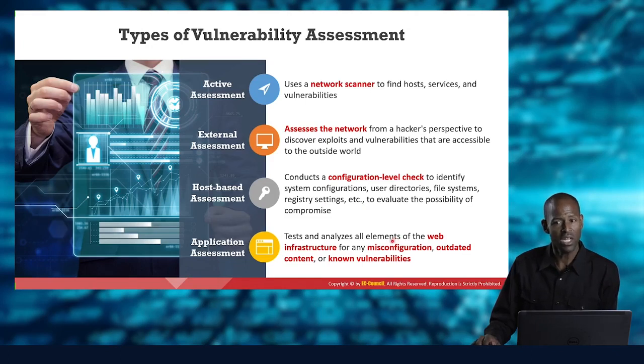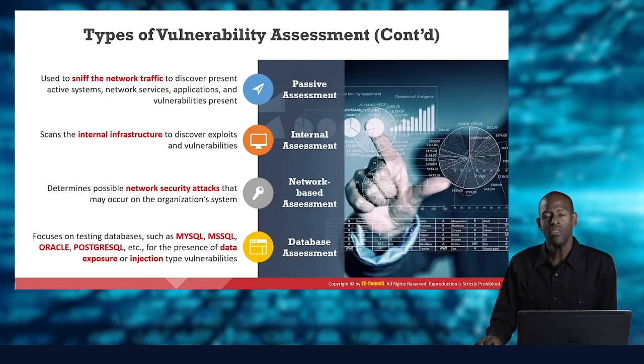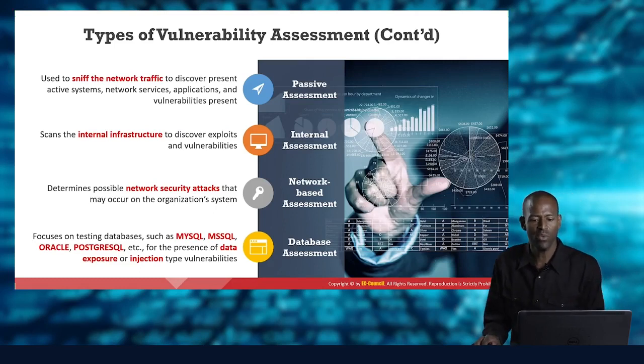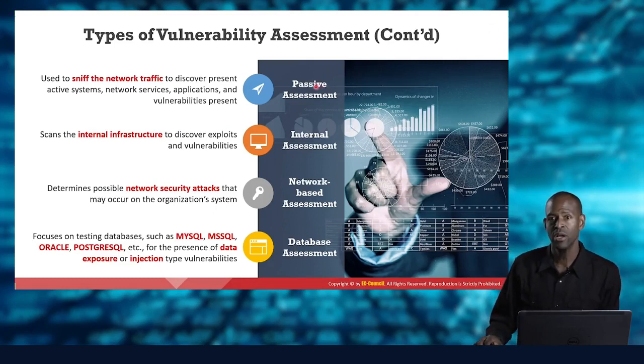There could be outdated content, known vulnerabilities in an IBM DB2 database or something like that. Also, there's a possibility of a passive assessment where we run a sniffer like Wireshark on the network to see what communication protocols and methodologies are being used between hosts and discover perhaps vulnerabilities.